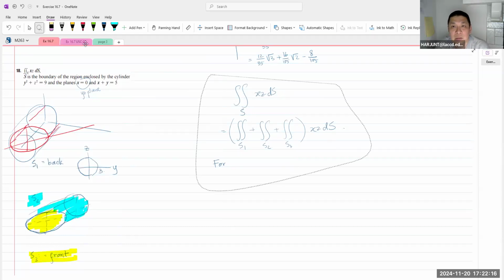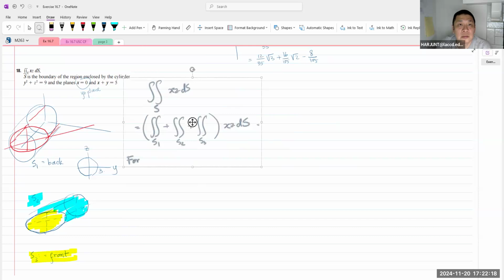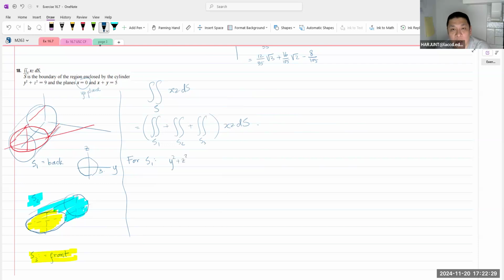S1 is y squared plus z squared less than or equal to 9, but x equals 0. That helps so much, because the double integral over S1 of xz dS over the domain there, but we already have x equal to 0, will be 0. That's for S1.